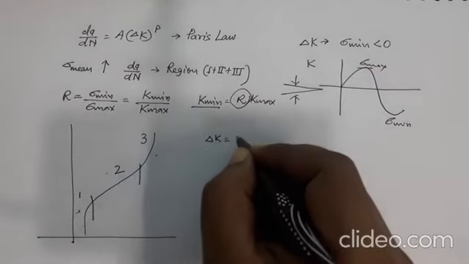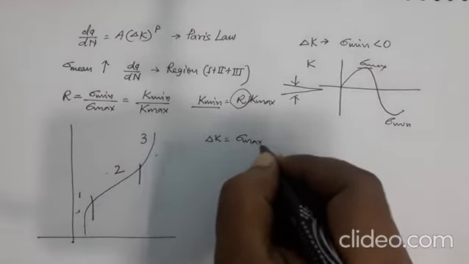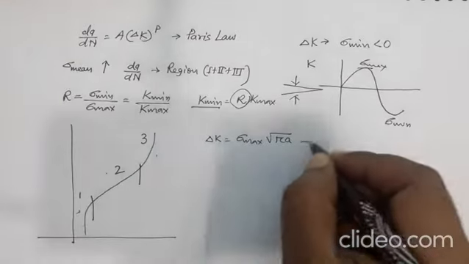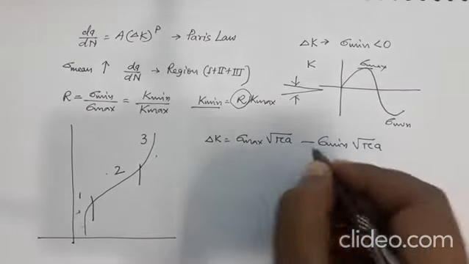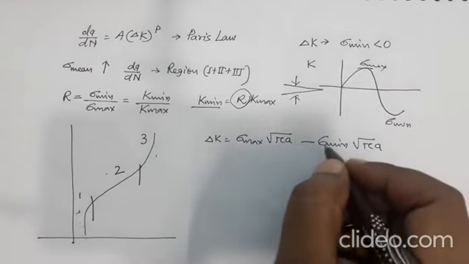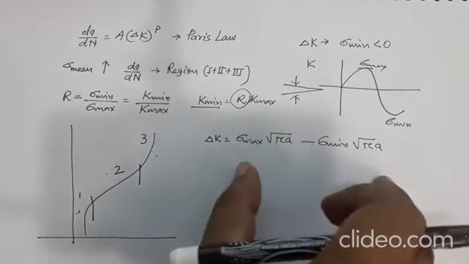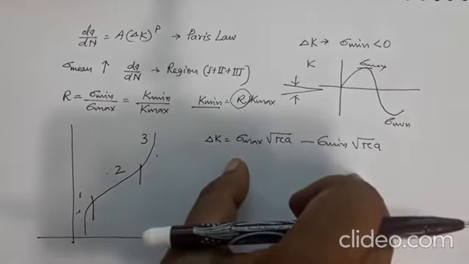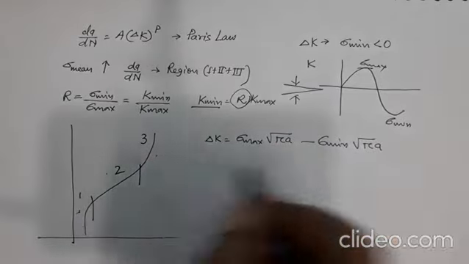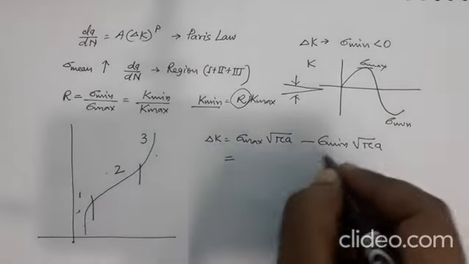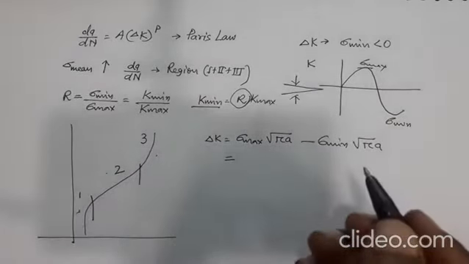So delta K was sigma max into root over pi a minus sigma minimum into root over pi a, right. But sigma minimum is negative, so this will add up to double, but that is not the reality. In compression, the crack is not going to feel anything, no stress intensification. So in that case, what we do is we replace sigma minimum with 0.